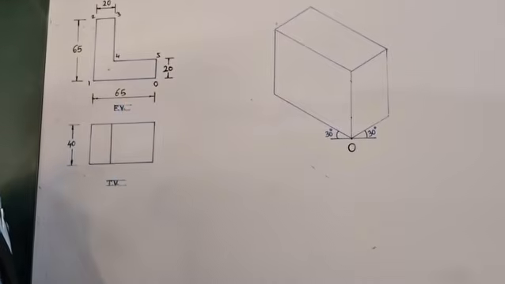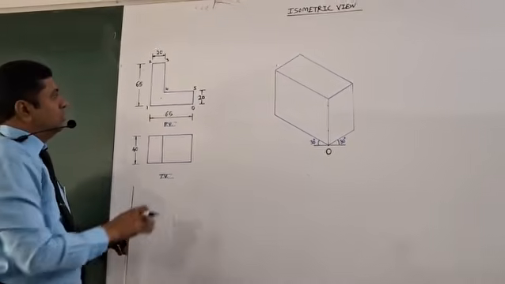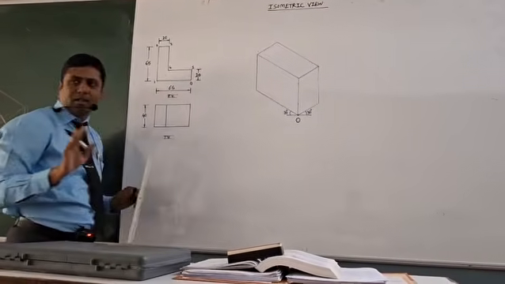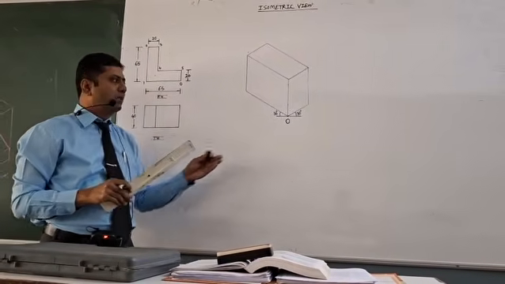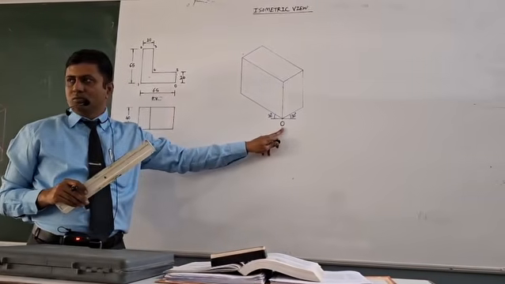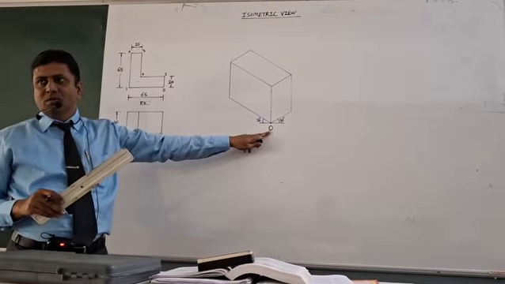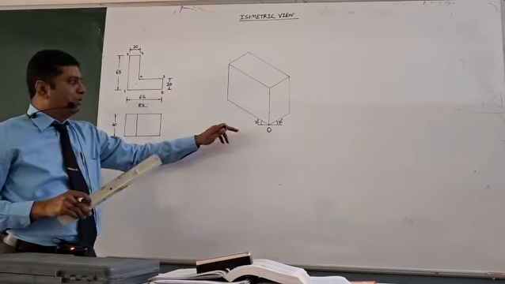So now it is clear that this front view is inserted in the left view, correct? And we have to start from O. That's why O is given. Understood now? The importance of O.